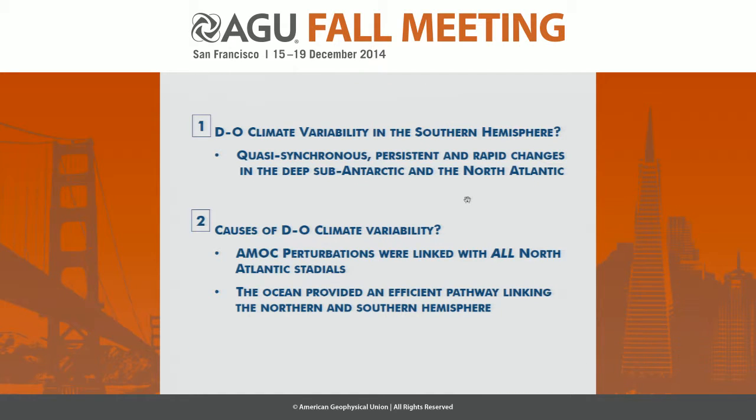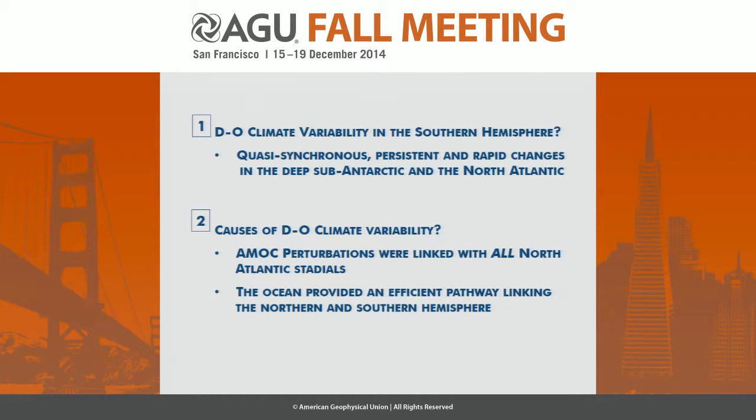So I asked initially, do we have Dansgaard-Oeschger cycles in the southern hemisphere? And I hope that I could convince you that the quasi-synchronous, the rapid and the persistent changes that we observe in the deep sub-Antarctic Atlantic are very closely linked with North Atlantic and with Greenland Dansgaard-Oeschger cycles.